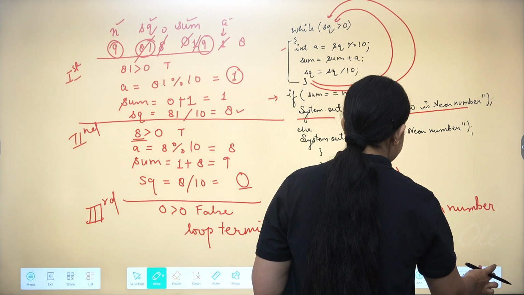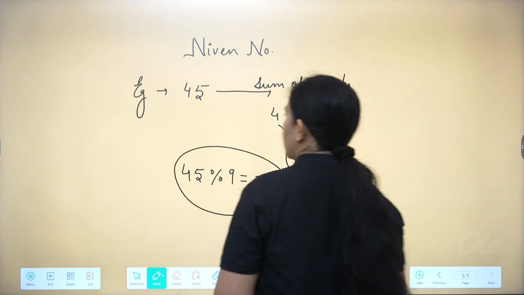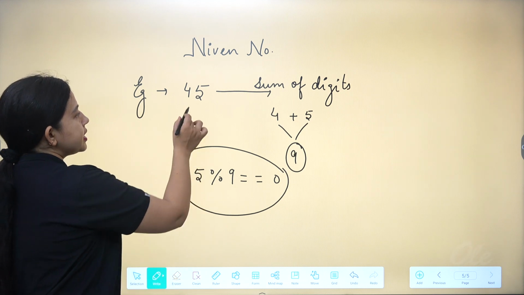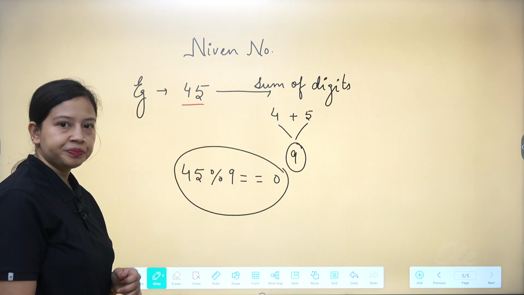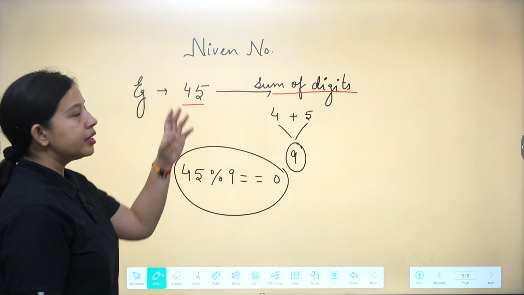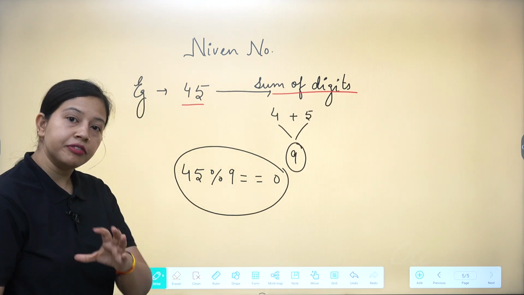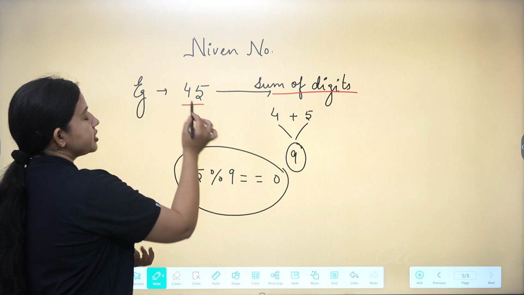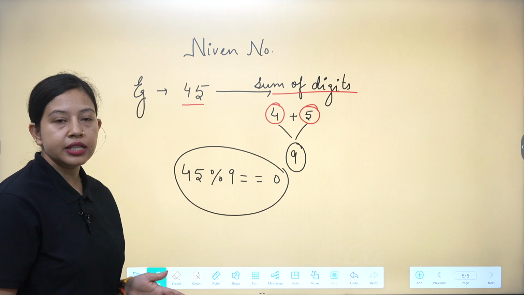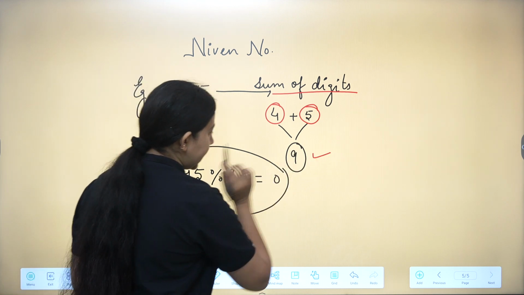Now moving on to the next program, that is called the Niven number. In this program, we take a number and find the sum of its digits. That means we take the number and fetch the digits of the number. As you can see, 45 has two digits, one is 4, the other is 5. Sum up the digits, and we get 9 over here.